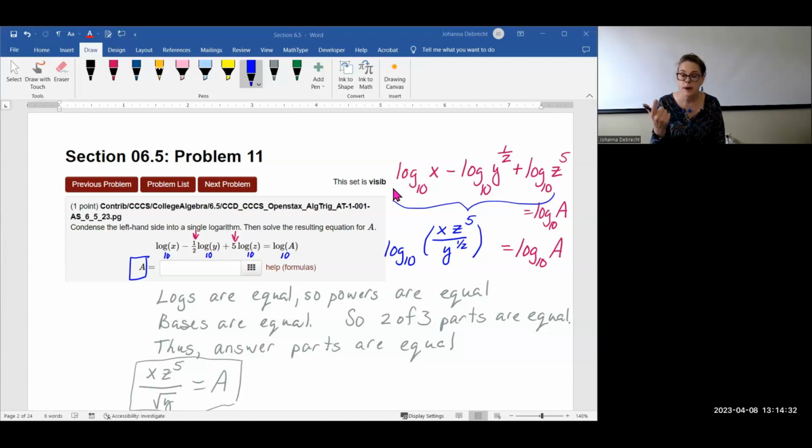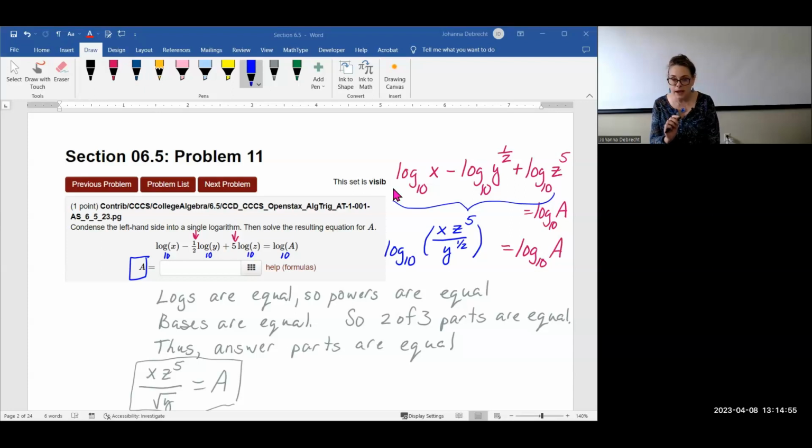There's a base, a power, and an answer part. And we know that the powers are equal and the bases are equal. If you take the same base to the same power, I should get the same answer because exponentials are one-to-one functions. So that means these answer parts have to be equal. If the 2 answer parts are equal, I can set them equal to each other, and that gives me a.